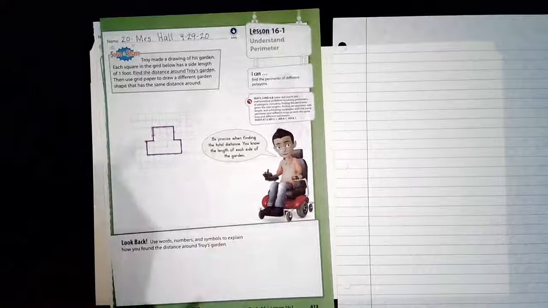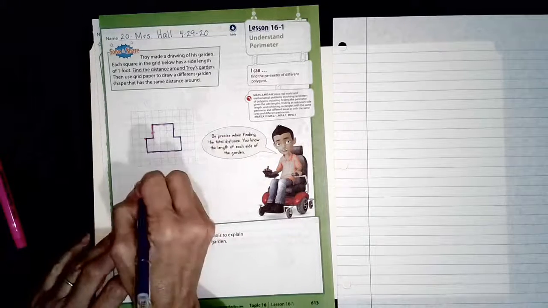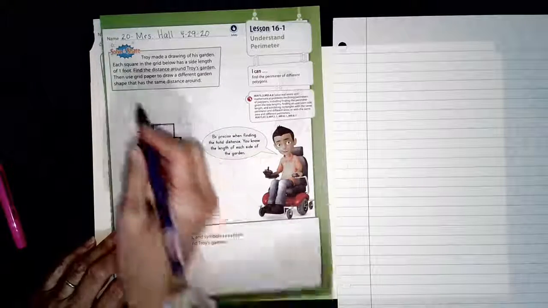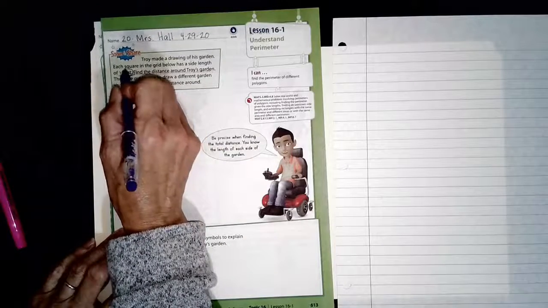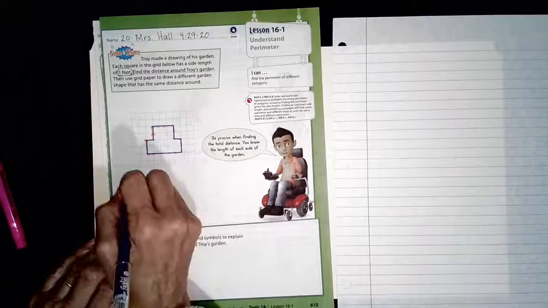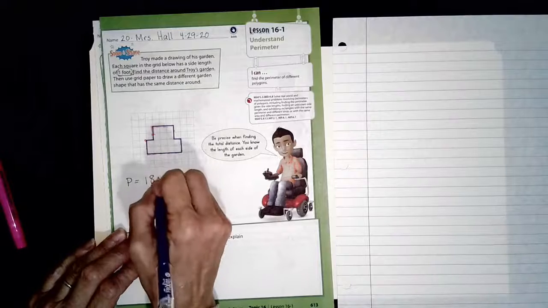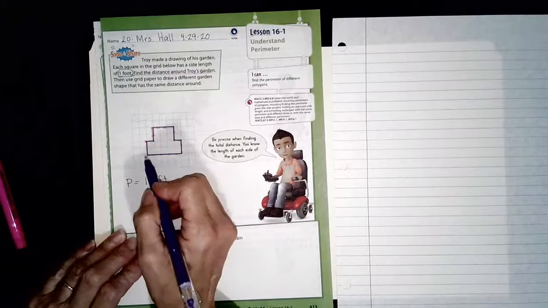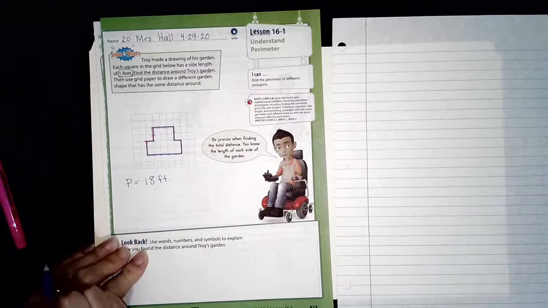So when I count the unit segments or unit lengths, I see that it is 18 unit lengths. Now I have to look at my measurement because it told me that each side length was 1 foot. So my perimeter, P for perimeter, equals 18 feet. So for this garden shape, the perimeter measurement is 18 feet.